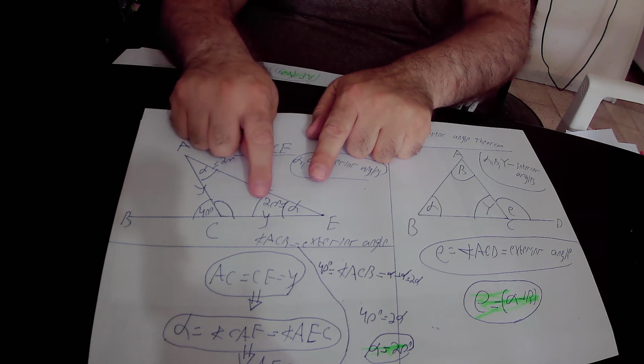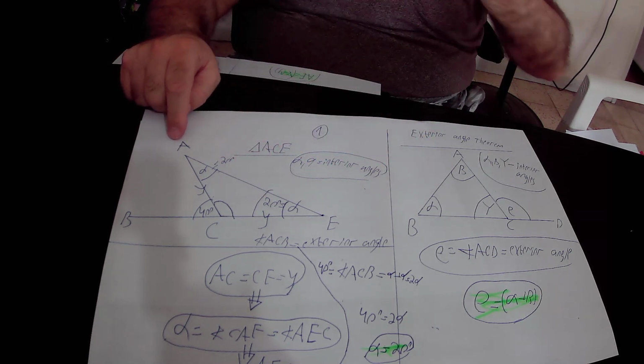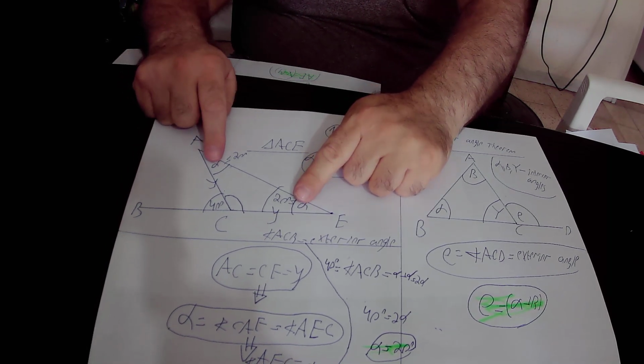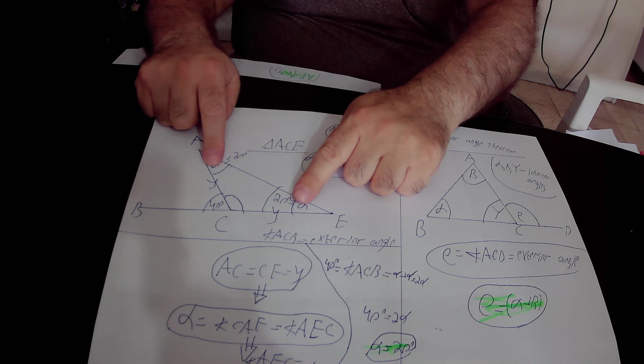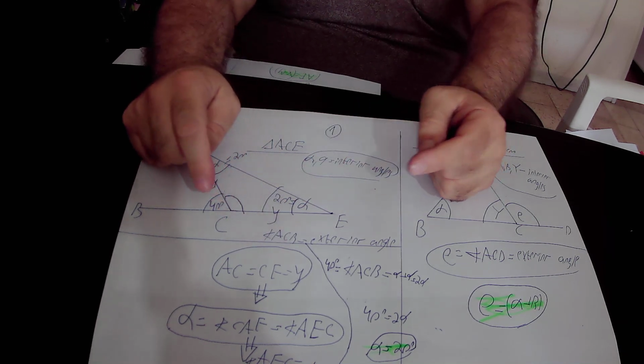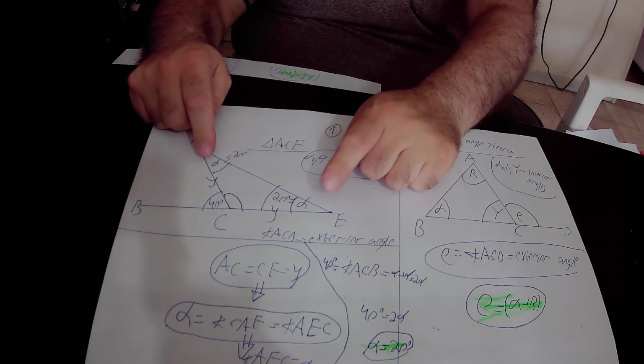Side CE equals y according to the construction, and side AC equals y according to what is given in the question. Those two sides are both equal to y, therefore they are equal to each other. So side AC equals side CE equals y. And we have the rule that opposite equal sides in a triangle, there are equal angles.